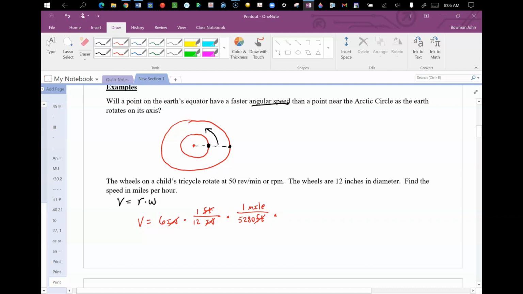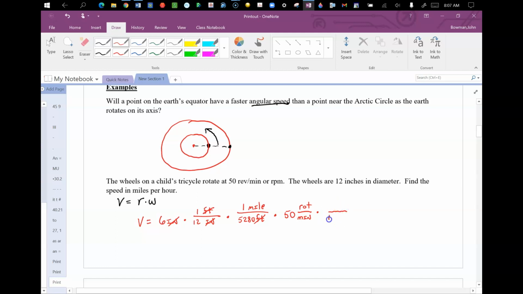Now we need to convert our 50 revolutions, I like to call them rotations per minute, to radians per minute, and then we're going to have to convert to radians per hour. So how do we do that?